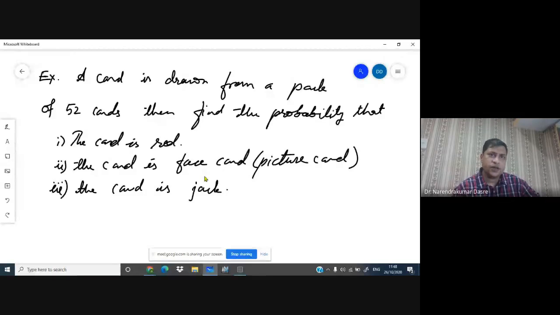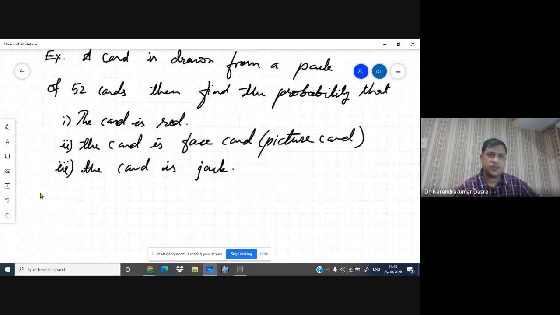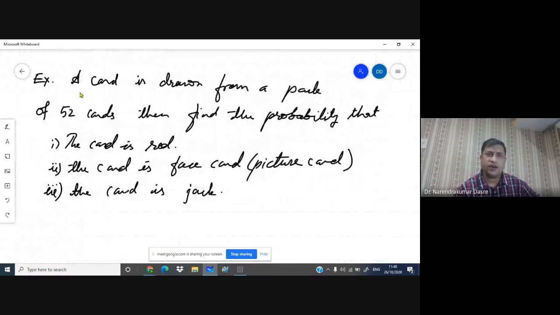Here, if I try to write the sample space, then the sample space is these 52 cards. In the previous example, we considered a sample space of 36 sample points, and this is a sample space of 52 sample points. Let us see this one by one. We have a pack of 52 cards, that means this is our sample space, and we are drawing a card at random.